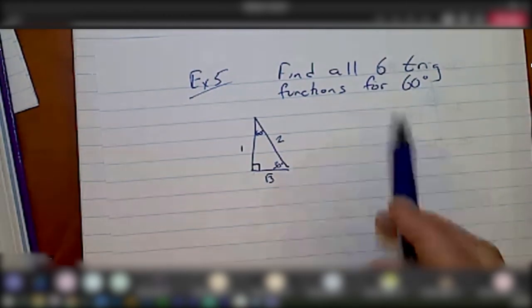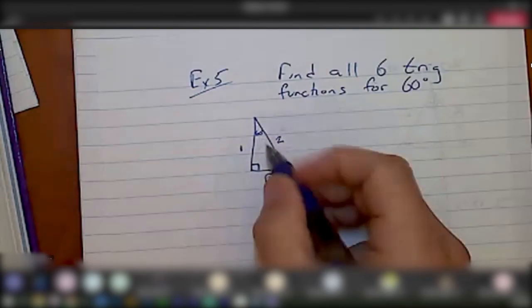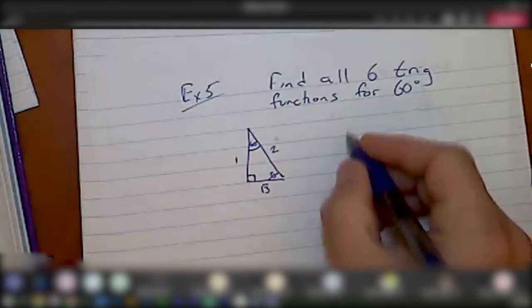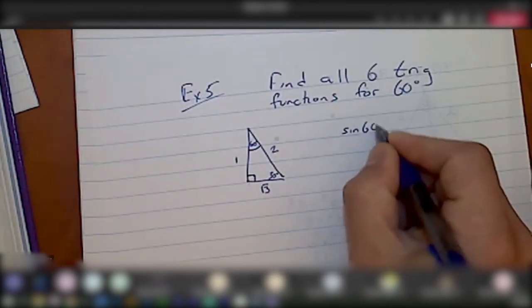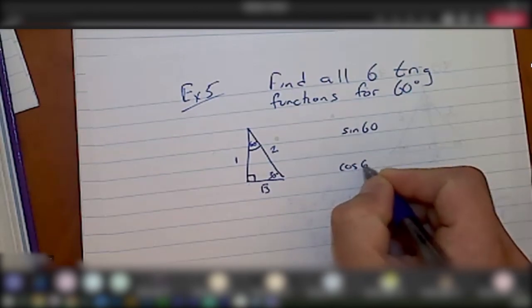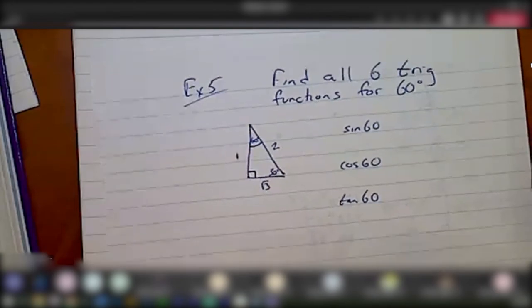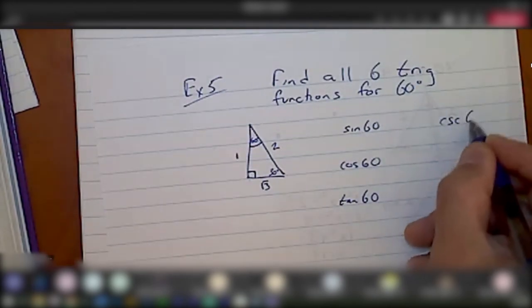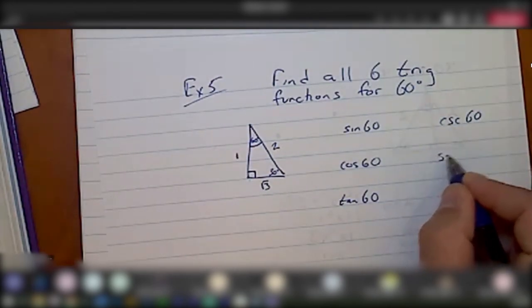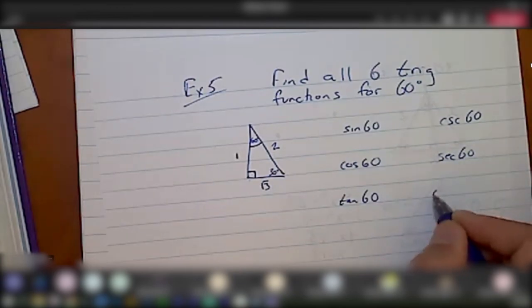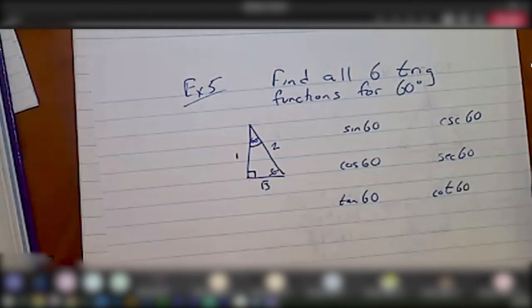They now want me to find all 6 trig functions based on this angle up here. So I want to find sine of 60 degrees, cosine of 60 degrees, tangent of 60 degrees, and then their reciprocals: cosecant of 60 degrees, secant of 60 degrees, cotangent of 60 degrees.